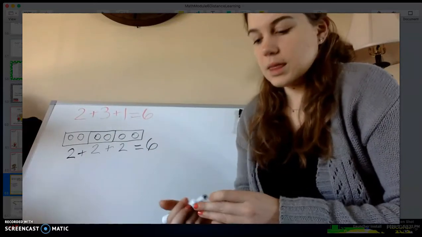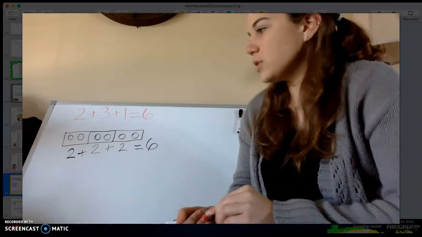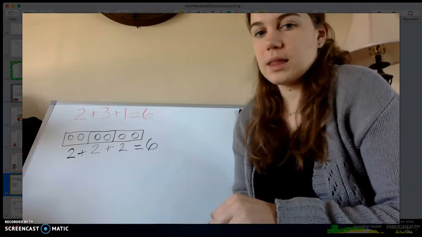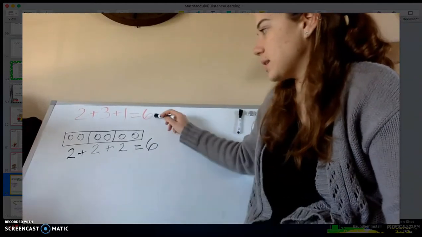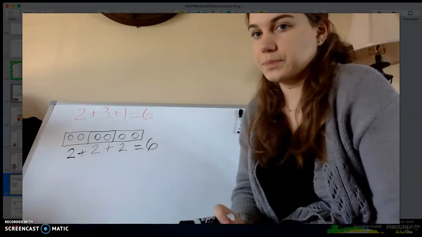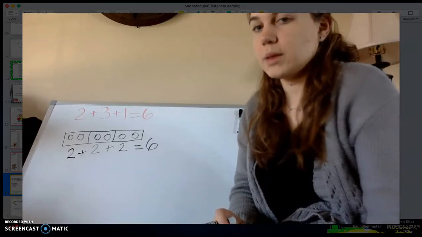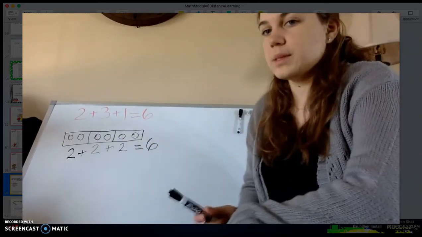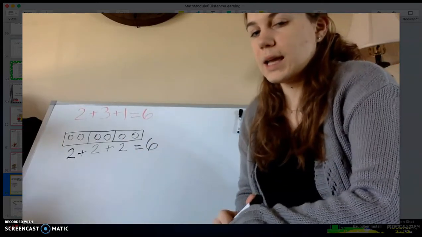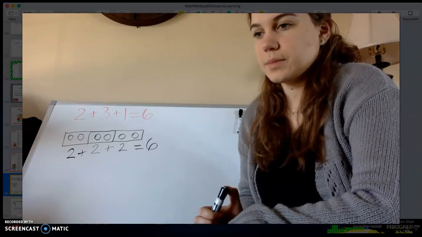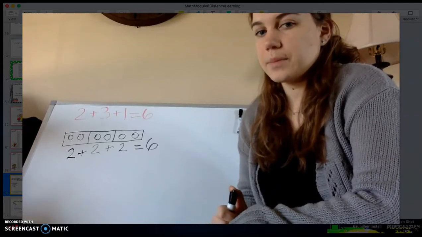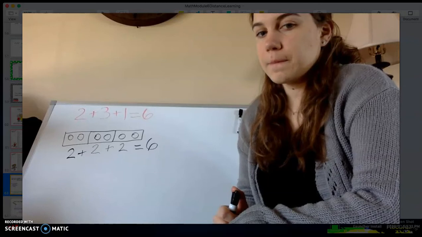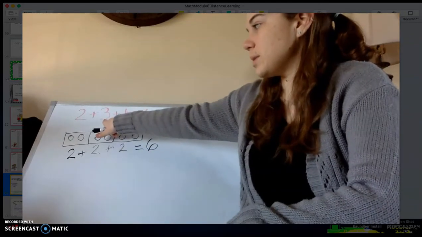So you need to think about, what did they do to make the number sentence both equal 6? So we're going to be working with this later on. The way that the tape diagram was set up was different, but our answer was the same. How did we do that? What do you think they did with this 3?